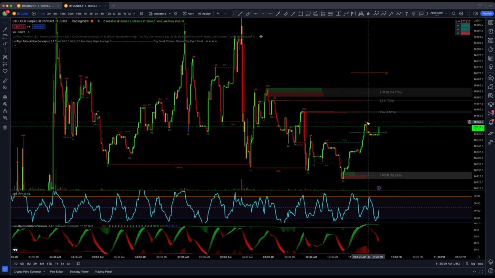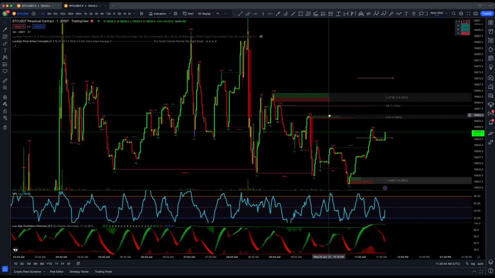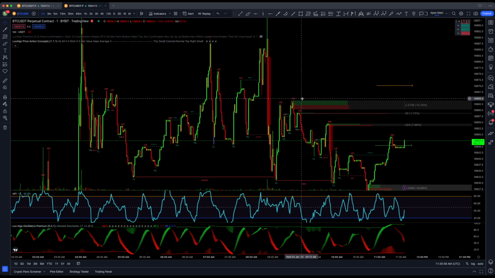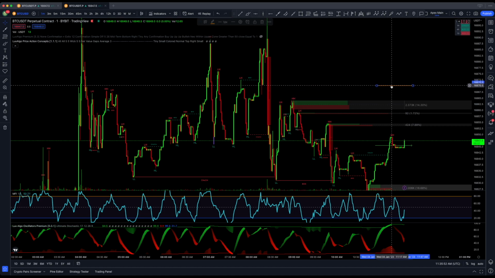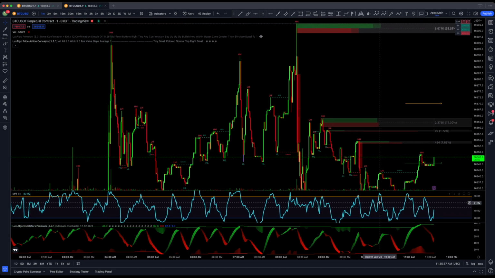Do we break this structure? That's still okay. Do we break this structure? For me, still okay. This structure, maybe starting to wane a little bit, but here's our loss. I mean, as I say, we're above. You've got to remember, it's not just about structure.